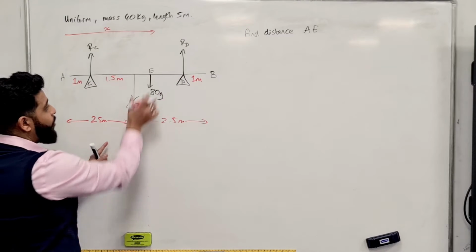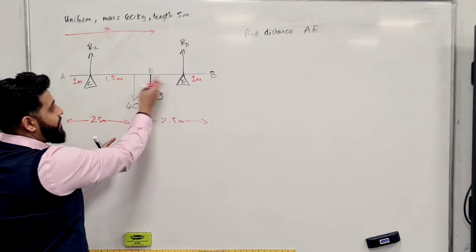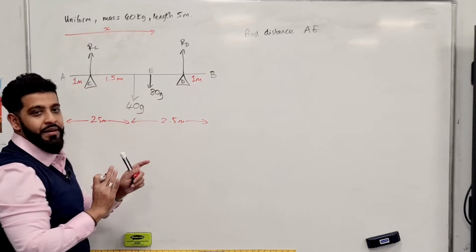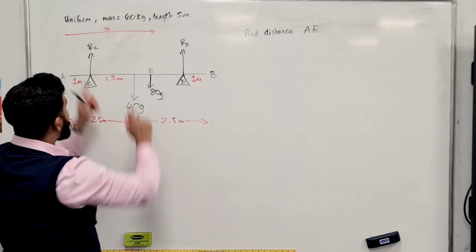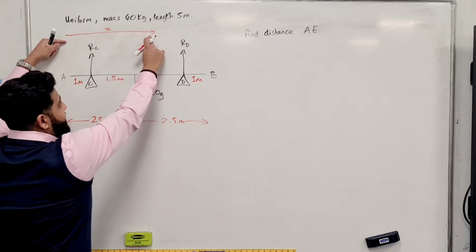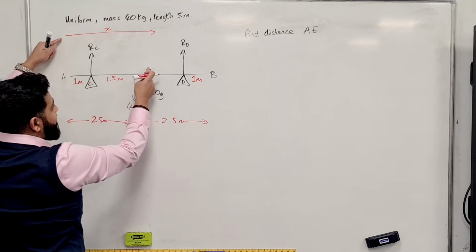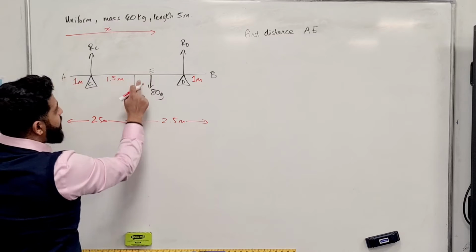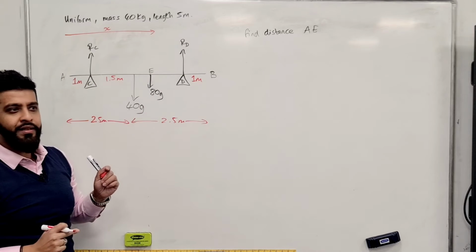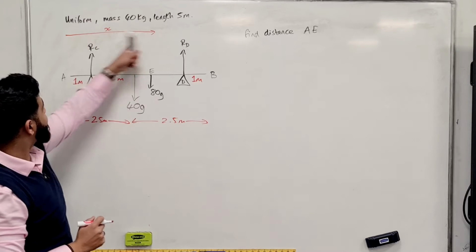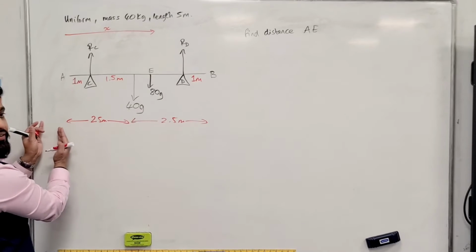All right. Now we don't know exactly how much the man is away from these points. But we'll use this X as an indicator. You see, all from here to here is X. From here to here is 2.5. What will this be? It will be X minus the 2.5.